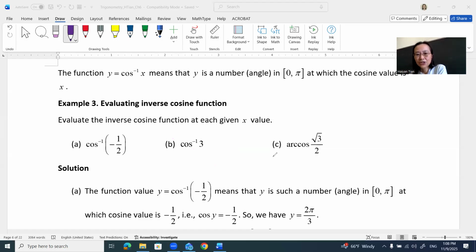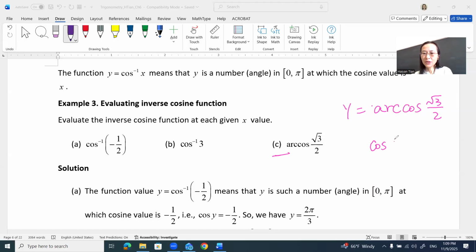Now, next question. Can we evaluate the inverse cosine at square root of 3 over 2? So we try to determine the value y of this arc cosine function at square root of 3 over 2. So this y must satisfy that cosine y is this number.